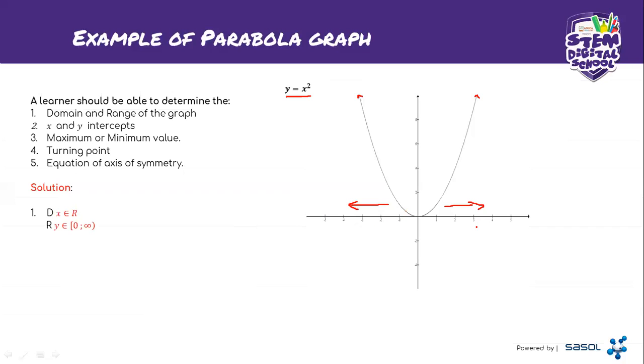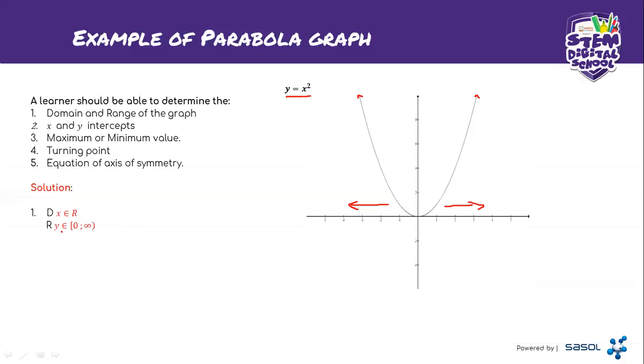You can write your domain by saying X is an element of negative infinity to positive infinity, or simply X is an element of all real numbers. So the domain of a parabola graph will always be X is an element of all real numbers. But now let us look into range.